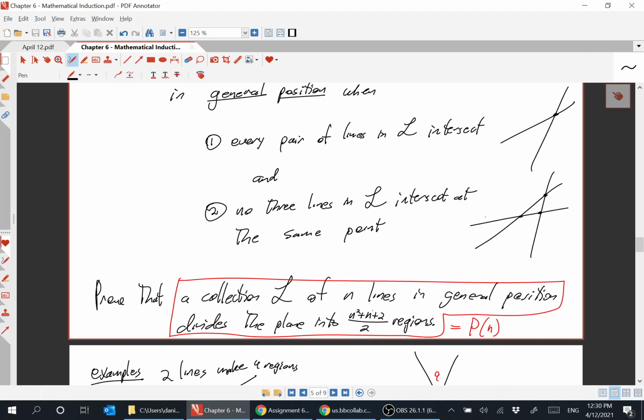So that is the predicate Pn, the predicate logic statement that depends on n. So n lines divides the plane into that many regions, (n squared plus n plus 2) over 2 regions.